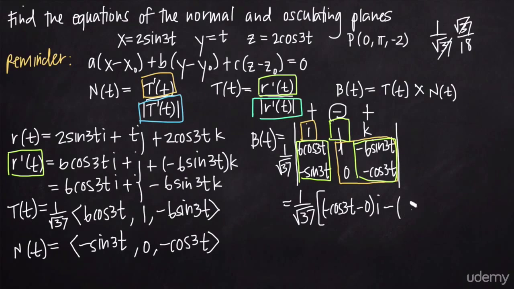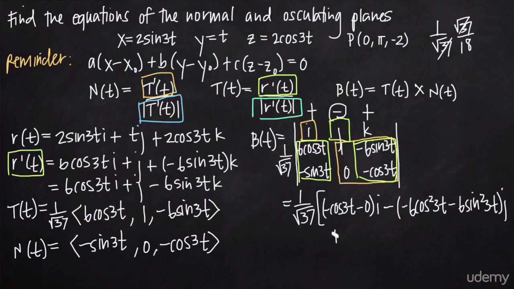So now we're going to do upper left times lower right. So 6 cosine of 3t times negative cosine of 3t is going to be a negative 6 cosine squared of 3t. And then subtract lower left times upper right, which is going to give us, those negative signs will cancel, a positive 6 sine squared of 3t multiplied by j.